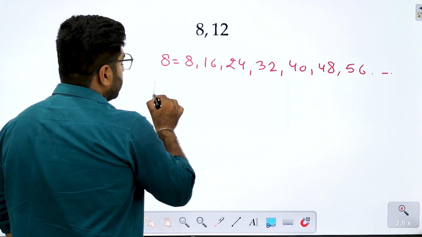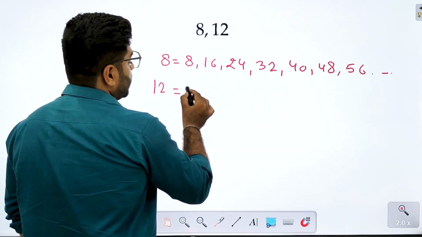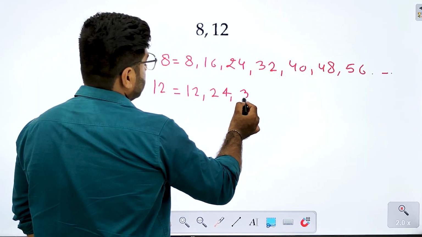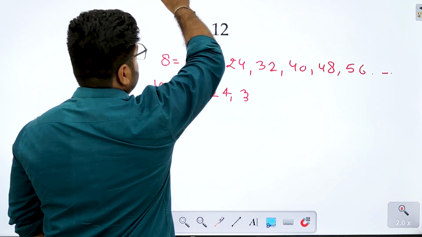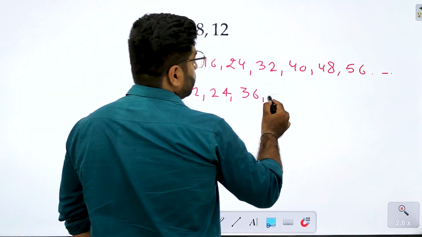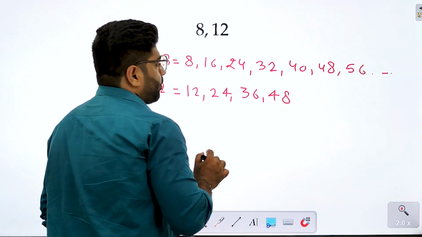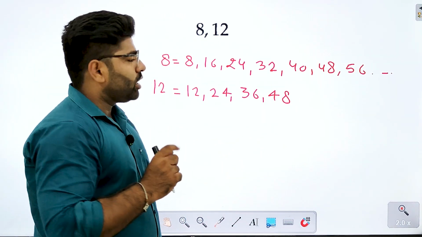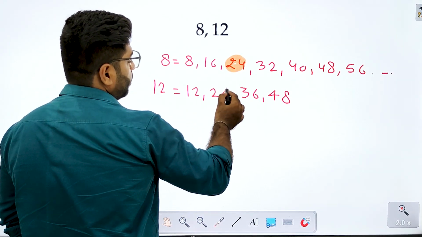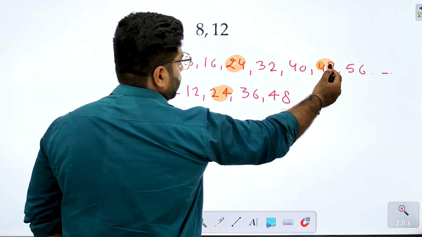Now we have to write the multiples of 12. That is 12 ones are 12, 12 twos are 24, 12 threes are 36, 12 fours are 48. We have to find the two common multiples. I think we have found it. The first one is 24 and the second is 48.